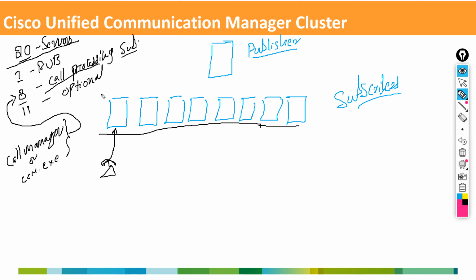Now out of these 8 call processing subscribers, only 4 will act as active servers. The remaining 4 will be backup. Now here the concept of redundancy comes.